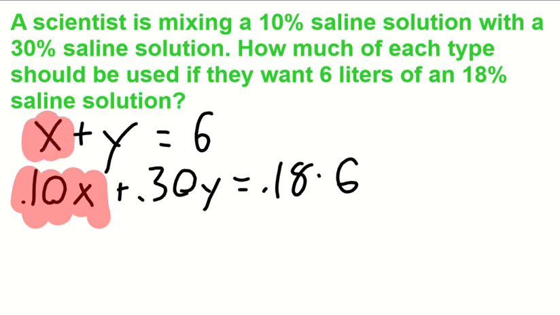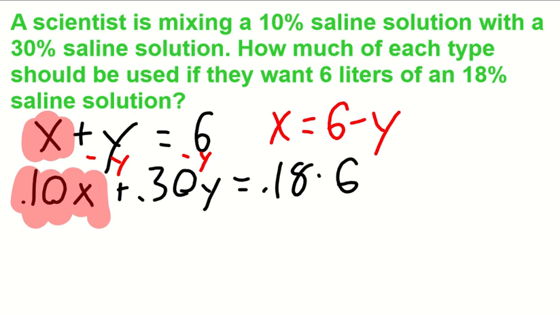So I want this to be x equals. I want to substitute the x. So to rearrange that, all I'd have to do is subtract y from each side, right? So if I subtract y, I have x equals 6 minus y. And it's important you have the right order on those, okay? Everybody good there?